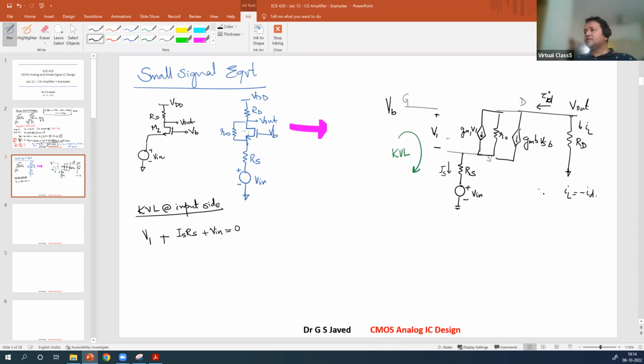IL is V out by RD. So if you substitute, you get minus V out by RD times RS plus V in plus V1 is equal to 0. This first equation. Second, let us have one more loop on the output side.